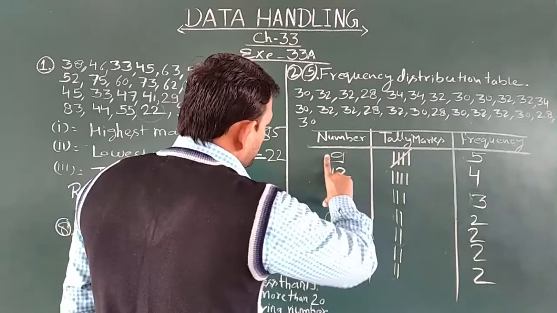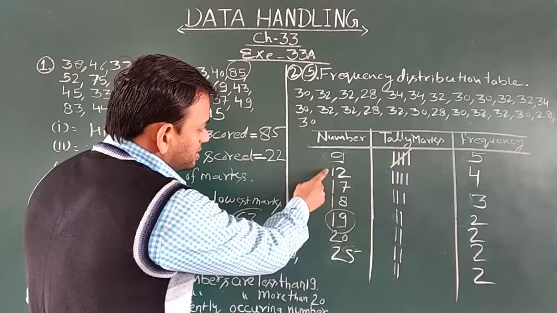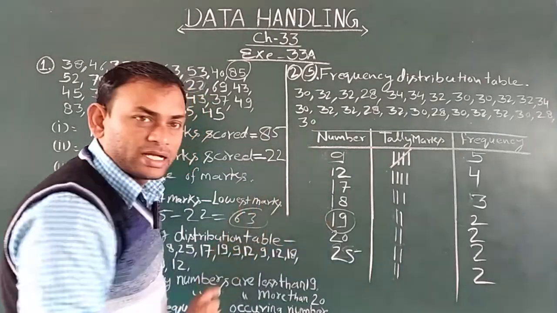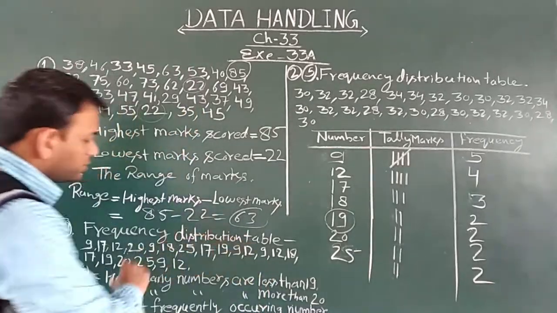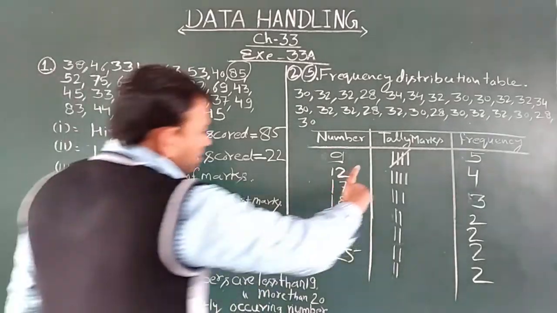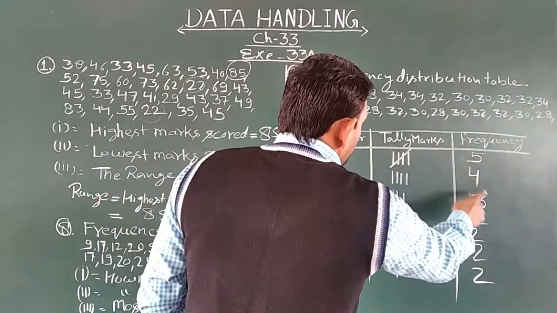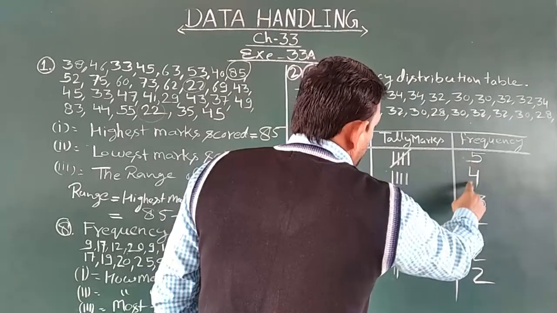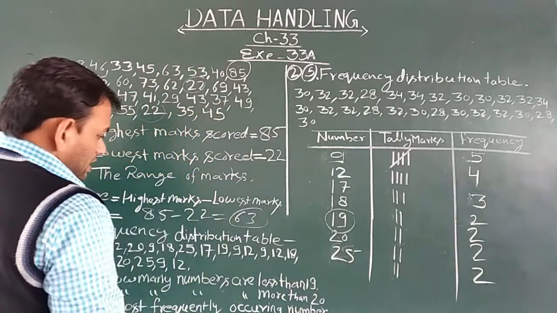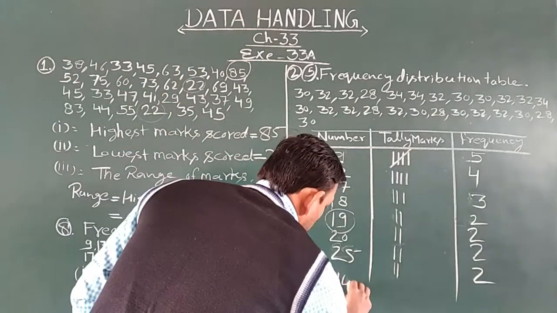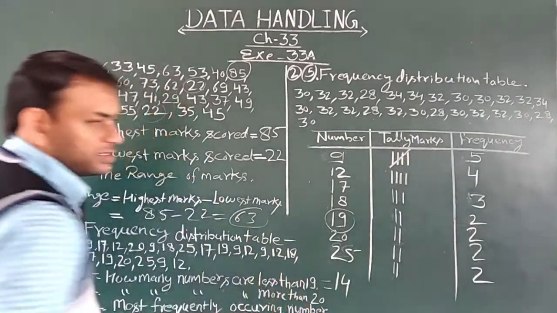To find how many numbers less than 90 have come in the whole data, we add their frequencies: 5 and 4 is 9, and 3 and 2, it is 14. So the answer is 14, meaning there are 14 numbers less than 90.